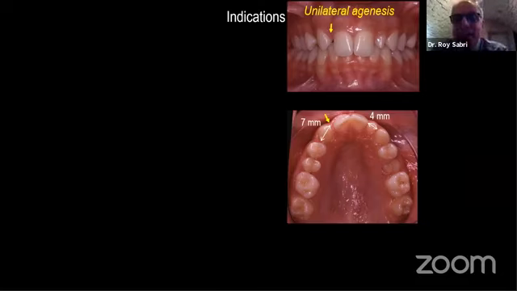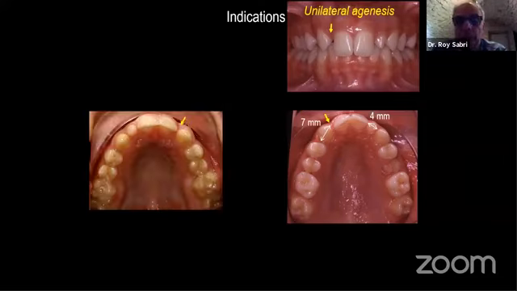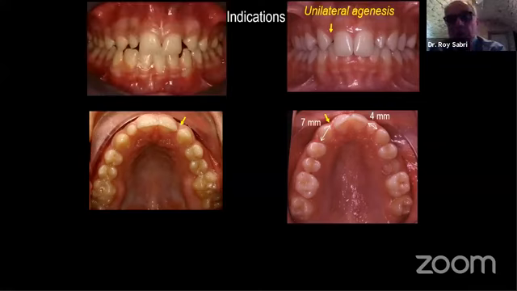He, or she, simply cannot give you two teeth that are equal or symmetrical. Okay, so we have to go for space opening, unilateral space opening, or extract the peg-shaped lateral and close the space.